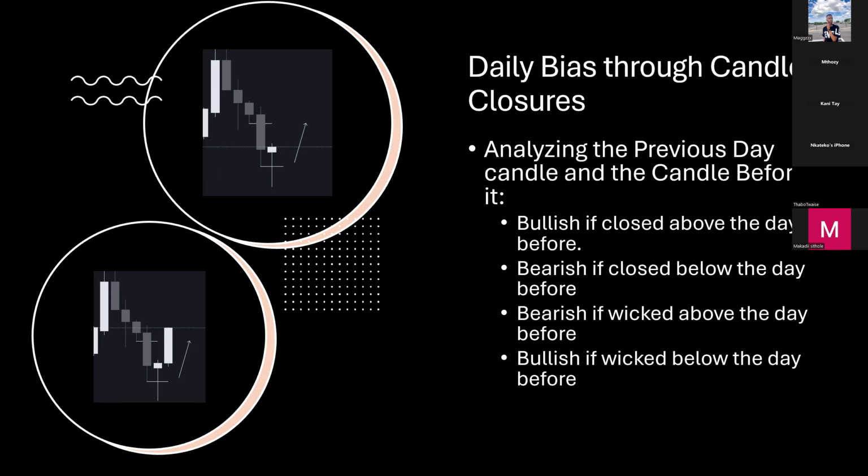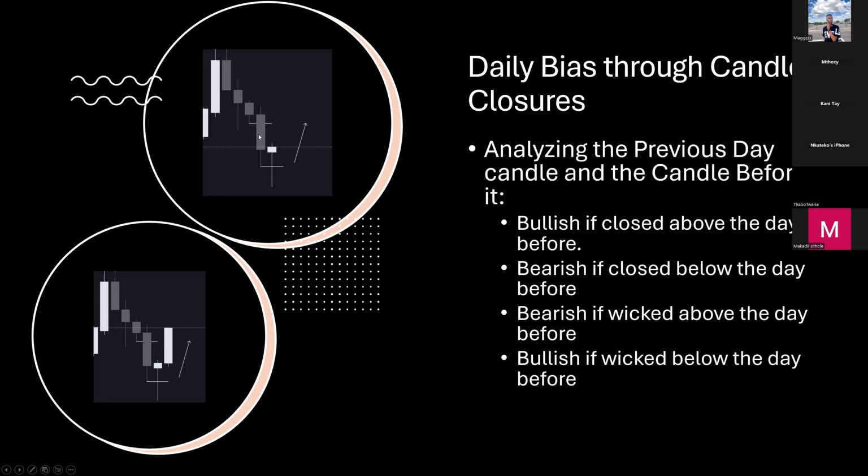Okay. So with candle closures, let's make an example and say this is Monday and this is Tuesday. You are coming into the market on Wednesday and you want to know, are we going down or are we going up? With candle closures, you want to see: did Tuesday close below Monday, or did it close back in the range? If this candle closed here, I would have been expecting price to continue going lower.